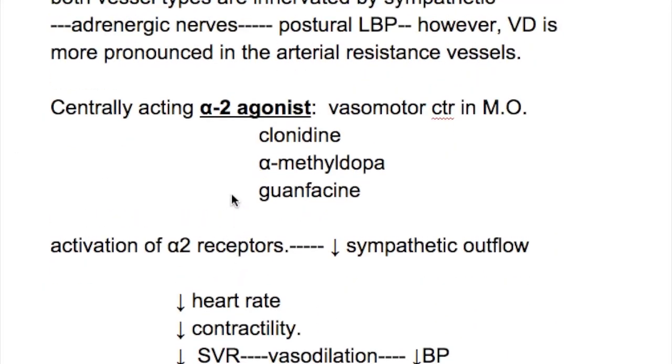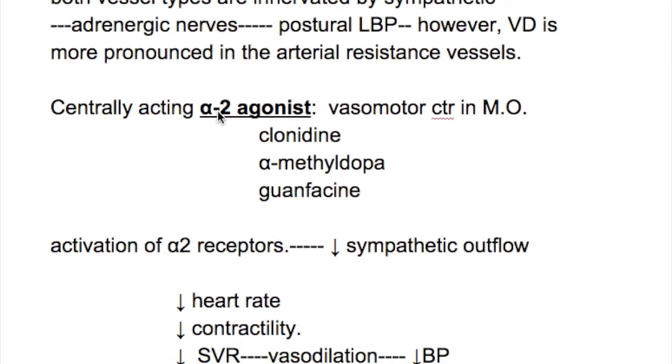So the alpha 2 agonist will decrease the sympathetic outflow. They decrease the heart rate, decrease the contractility, decrease the vascular resistance leading to vasodilatation and decrease in blood pressure.